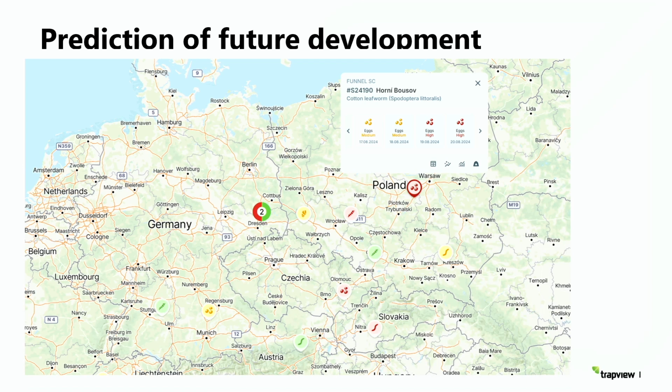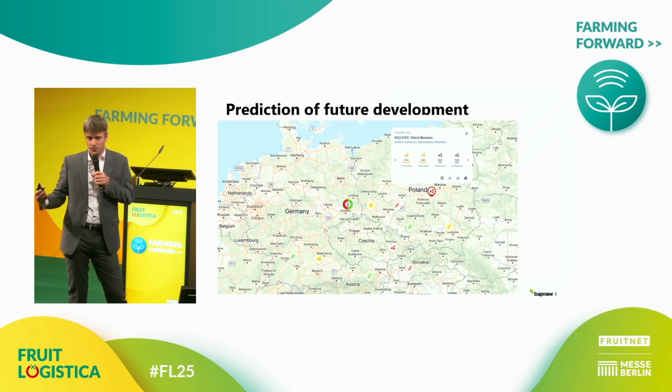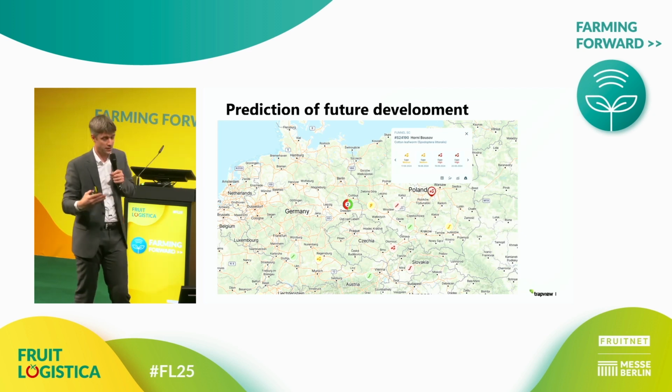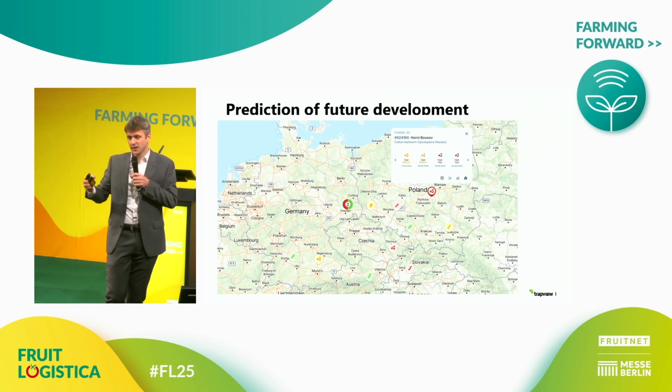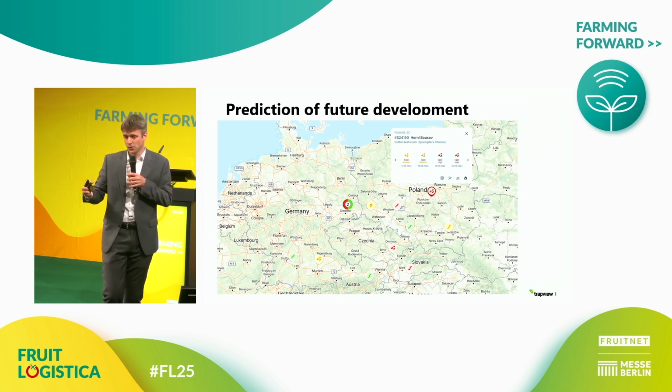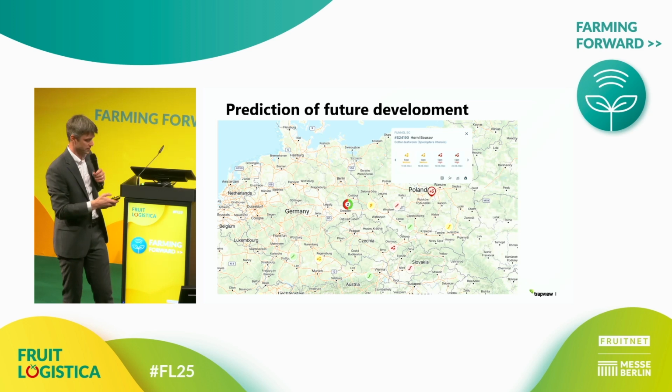And with the help of machine learning, you also have a very good prediction of how the insect will behave in the future, when you will have eggs, when you will have different stages of larvae. And we can predict that for the next 7 days, because that's also the time period in which we have a good weather forecast.